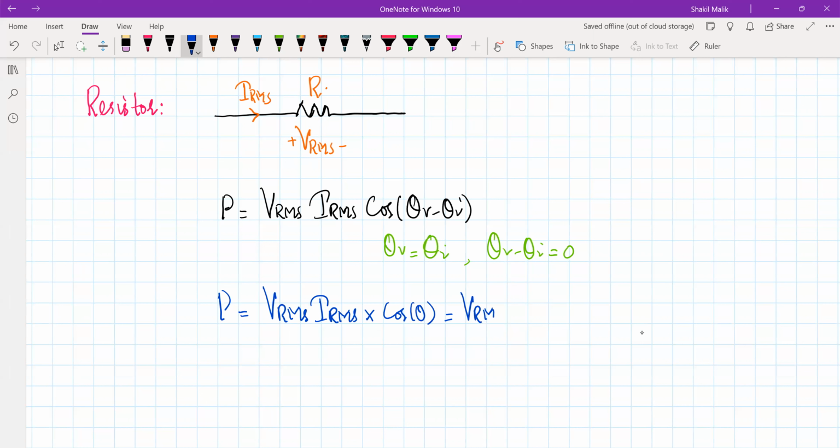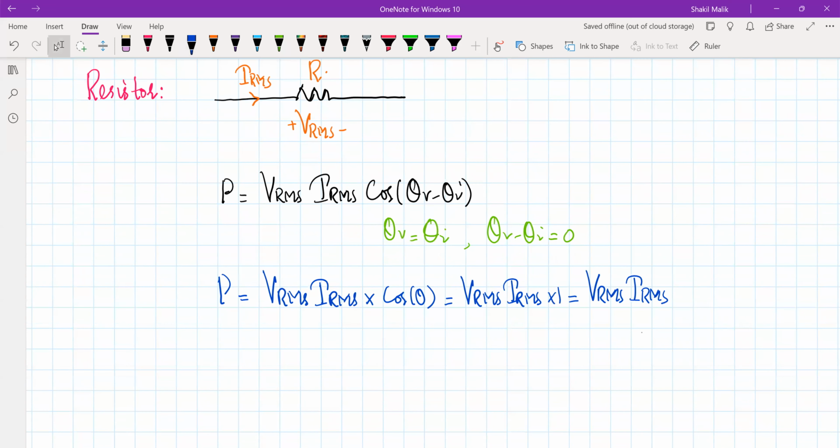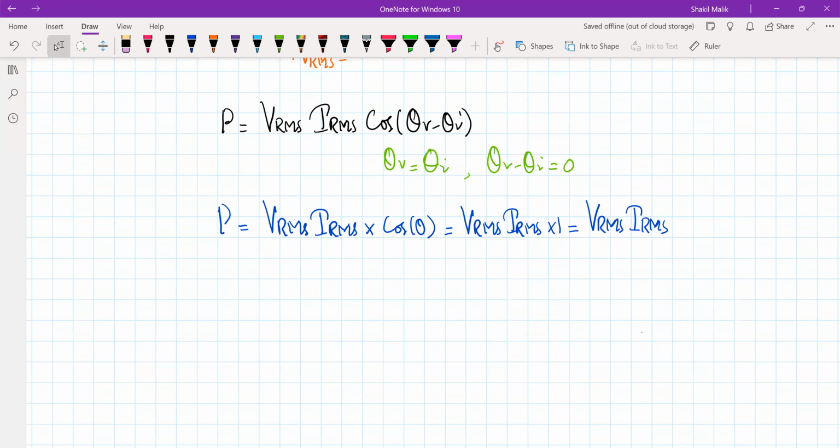So we get Vrms Irms times 1. That means the real power in a resistor is simply the multiplication of the RMS values of the current and voltage. This is how we define the real or average power, which is referred to as the power absorbed or consumed by this resistor.